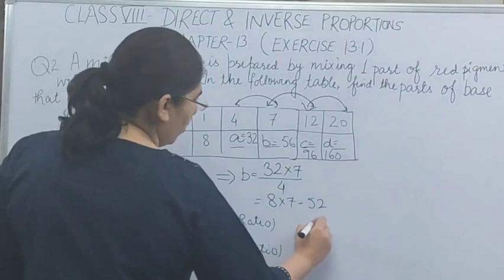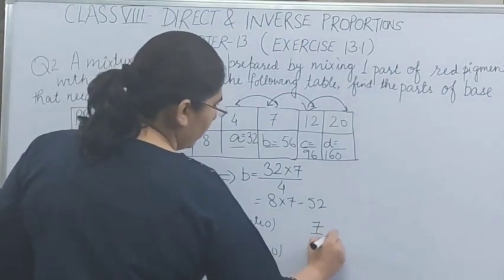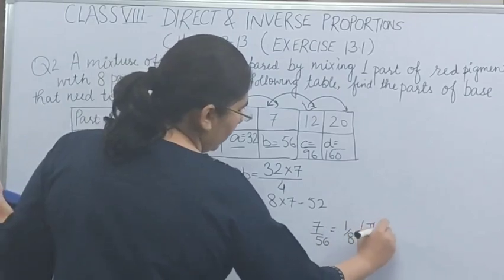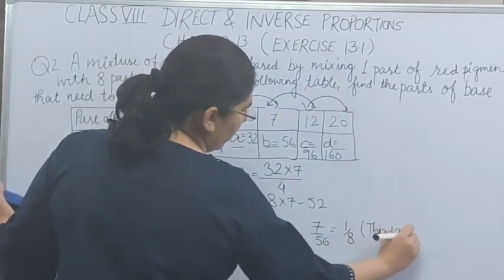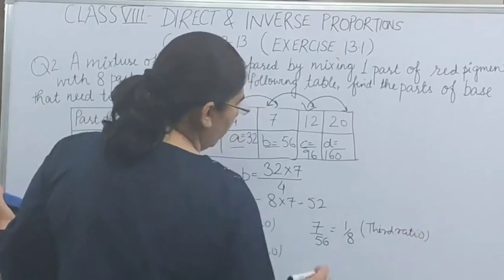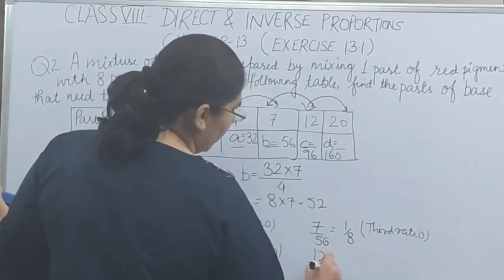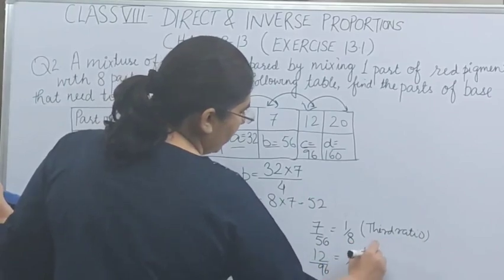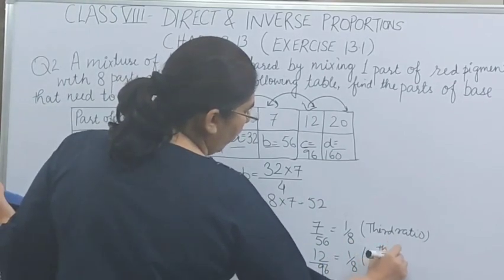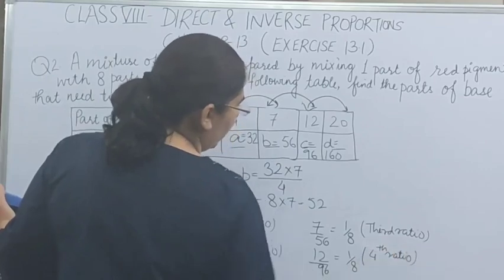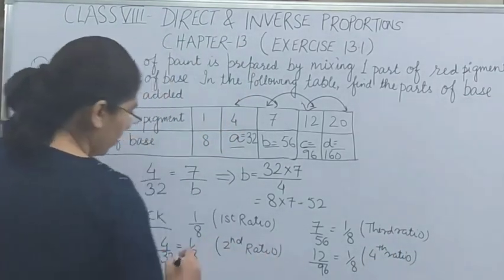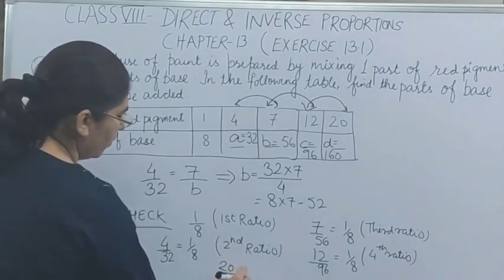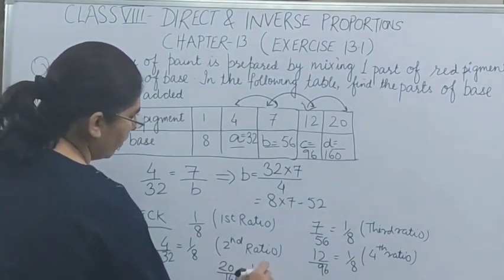Your third ratio is 7 by 56, which is again 1 by 8. Then what is your fourth ratio? 12 by 96, which is again 1 by 8. And finally, your last ratio is 20 by 160, which is also 1 by 8.